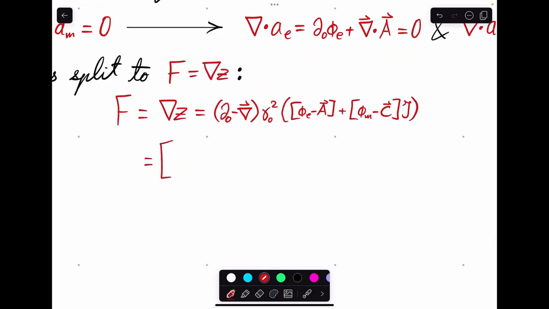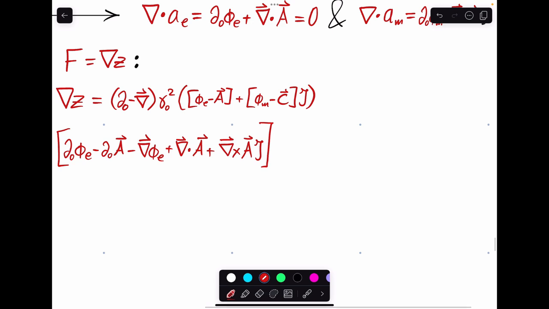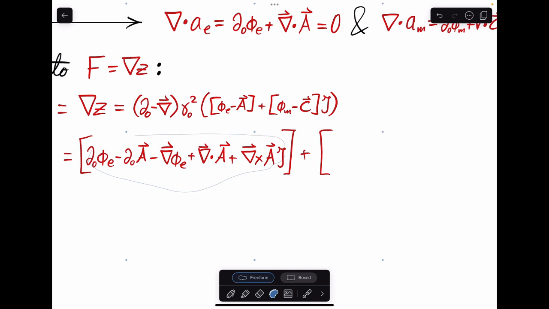And then this is equal to partial naught Fe minus partial naught A minus gradient Ve plus... I'm just going to copy this all and then change the lettering.